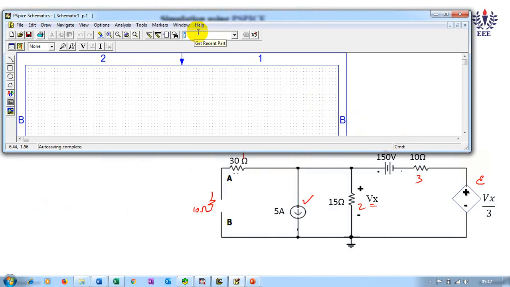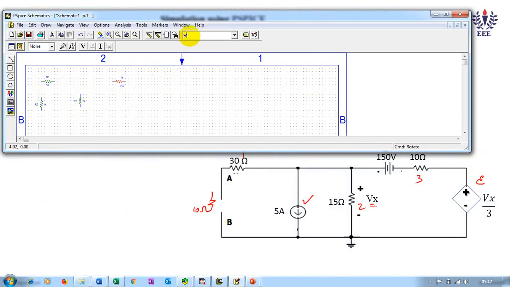Let's say we have the first part named resistance, and let us place them accordingly. Let us rotate it here for the 10 ohms, then we have 15 ohm, then we have one more 10 ohm. So we've taken all the 4 resistances.